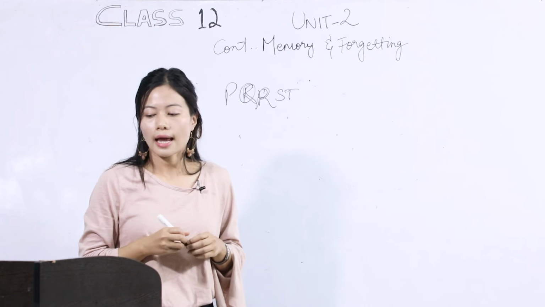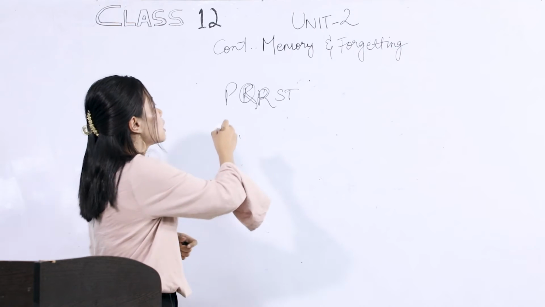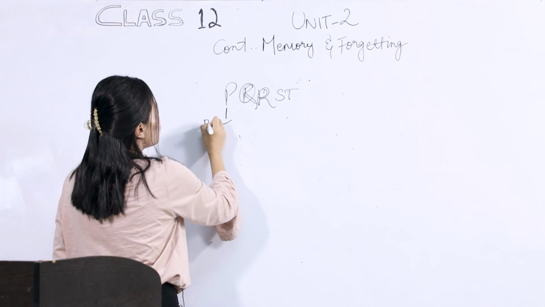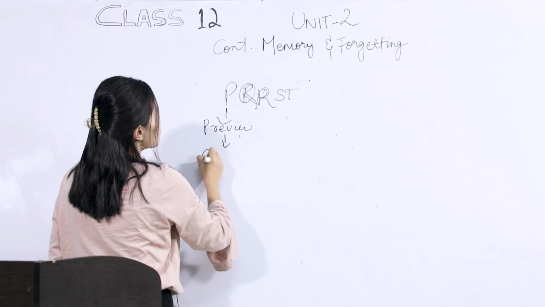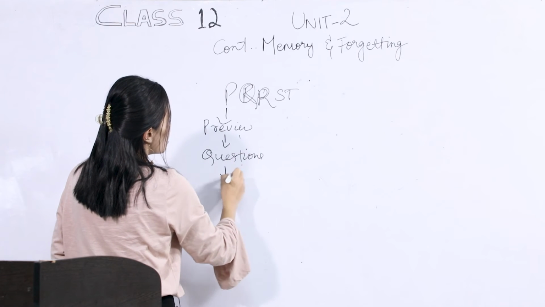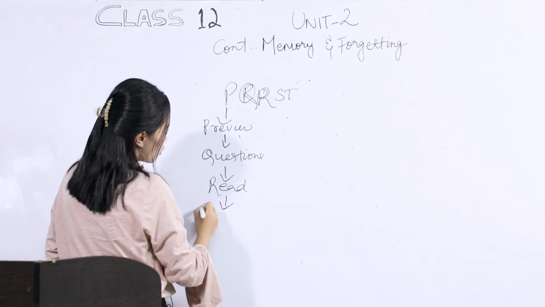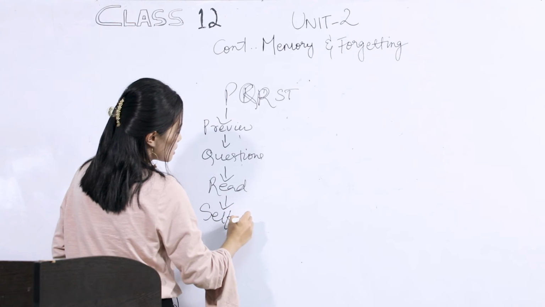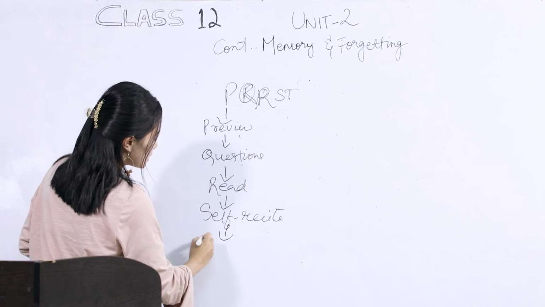Now, this method has 5 steps to follow. P stands for preview, Q stands for questions, R stands for read or reading, S for self-recite or self-recitation, and T stands for test.